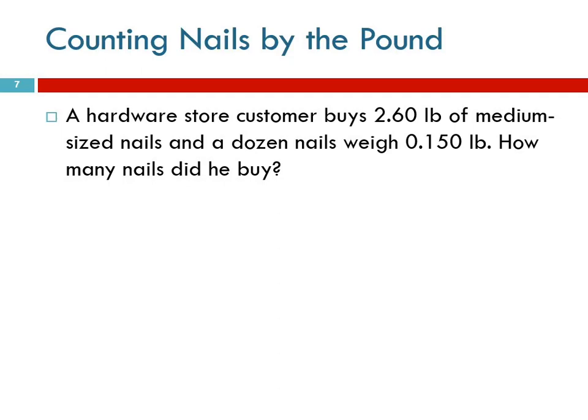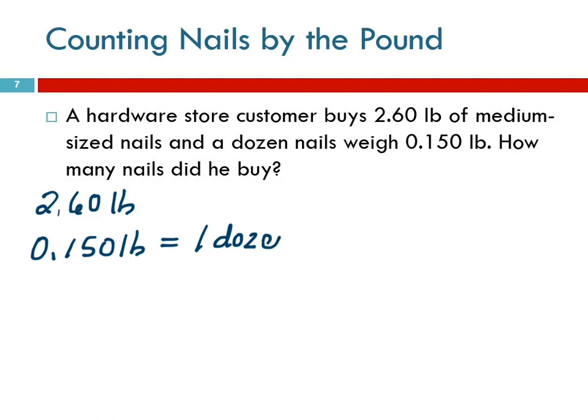So let's look at these numbers. Well, we've got 2.60 pounds of nails, and then we have a dozen nails weigh 0.15 pounds. So we could say 0.150 pounds equals 1 dozen nails.